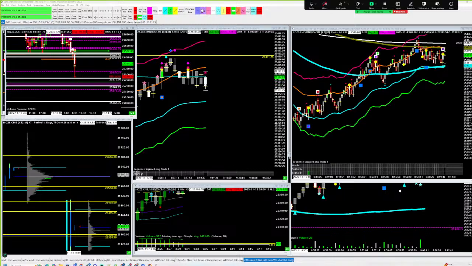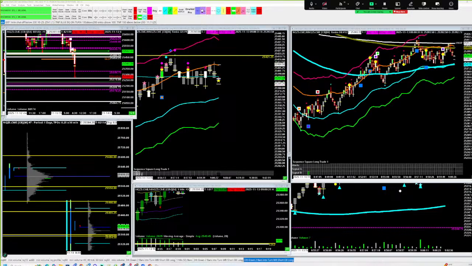See how it starts to hug that one little area? That's all they're going to do. It's just stupid. Just wait for it to set up. What a battle.